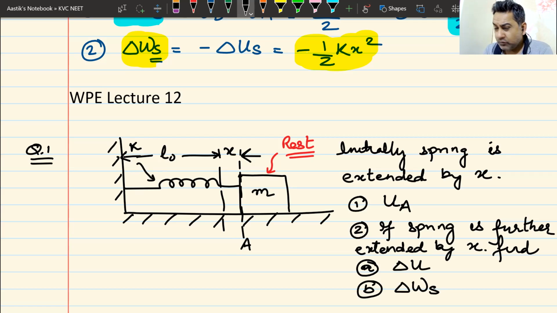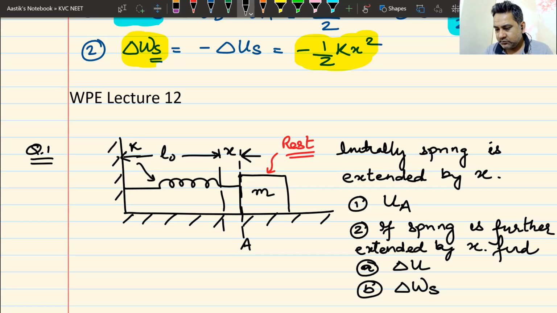Let's see who can do this. What is given to you? Mass of the block, m; spring constant, k; natural length L0, that is never required. I just gave it so that you understand.